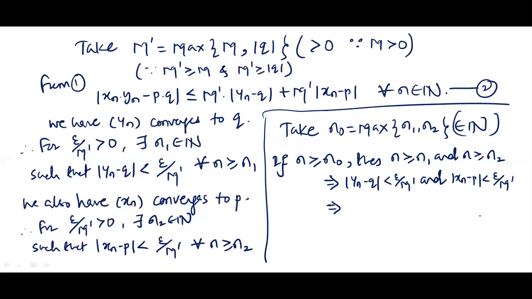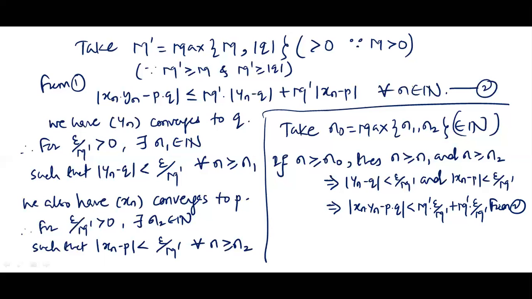From 2, if n greater equal n naught, we can write left hand side of 2, xn into yn minus p into q is strictly less than m dash into epsilon by m dash plus m dash into epsilon by m dash.